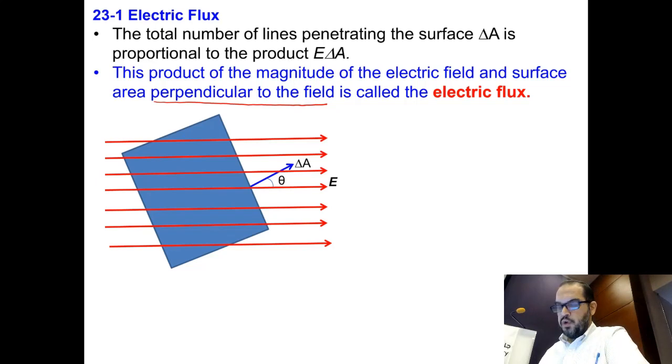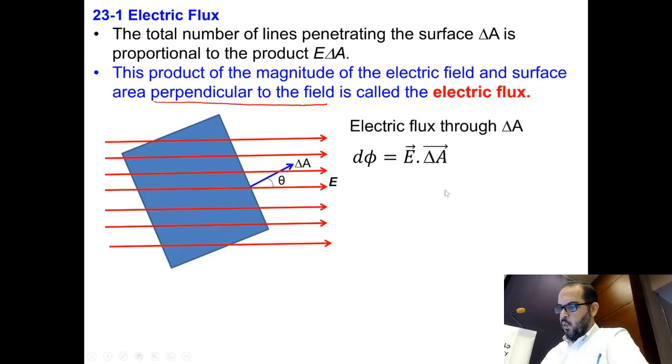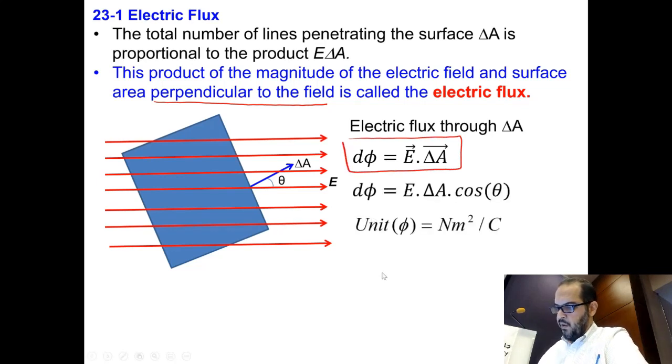That's why, in order to use only the perpendicular component, we define the electric flux through an area delta A as E, the electric field vector at that location, dotted with the area vector delta A. So this is the definition of the flux at this location, for this area delta A. Now we know the dot product of two vectors is the multiplication of the magnitudes of the two vectors times cosine of the angle between them.